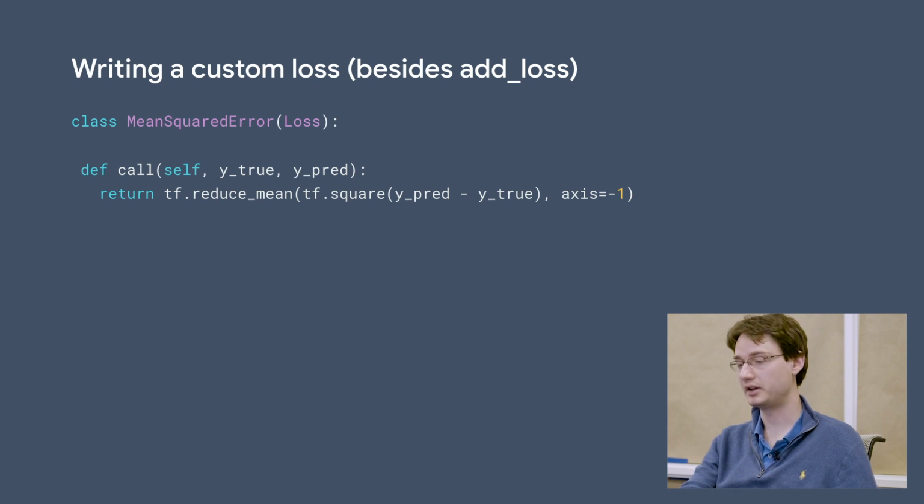Optionally, you can also have sample weights. And you just return a loss. So importantly, as a convention, the loss you return should be one loss value per sample. So here, for instance, we're reducing on the last axis, but we're not returning a scalar.